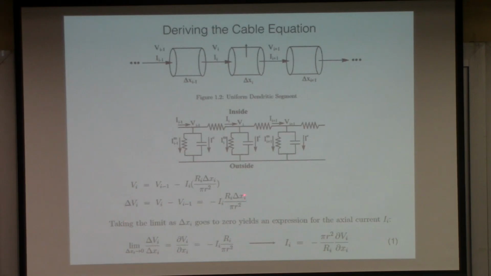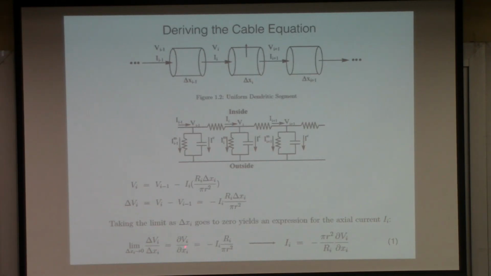Now if we divide both sides by delta x and let delta x get very small, what we obtain is that the partial derivative of v, and note here that v has as arguments space and time, x indexes space, t is indexing time. I'm not writing all of that down, but v has arguments x and t.